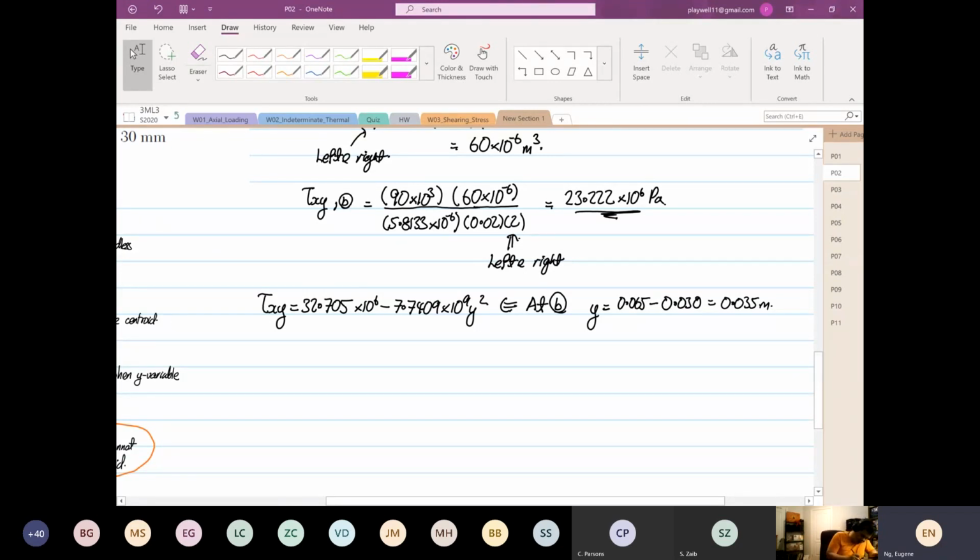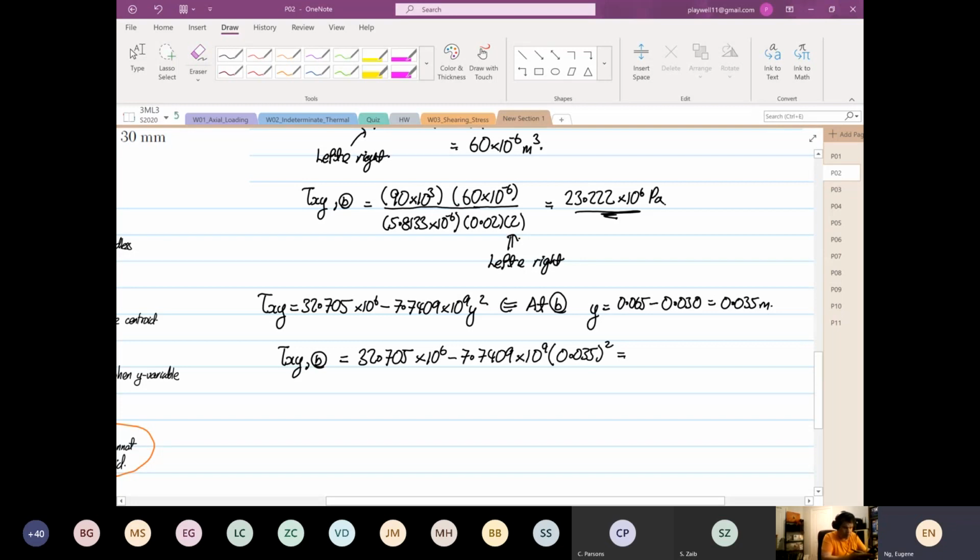So the shear stress from the above equation at point B is equal to 32.705 times 10 to the power 6 minus 7.7409 times 10 to the power 9 multiplied by 0.035 squared.